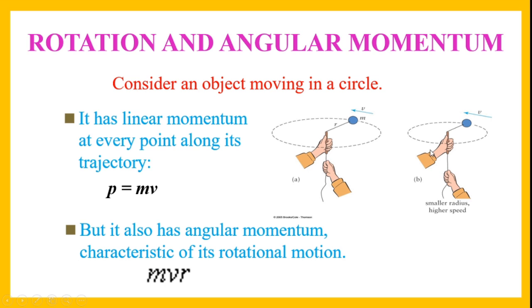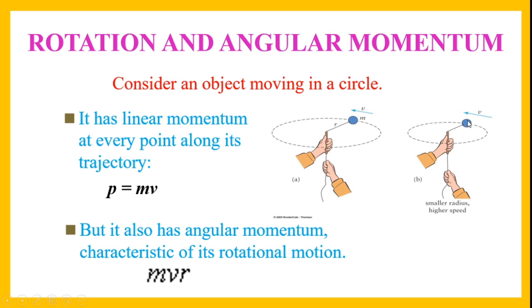Even though this is moving linearly, if you observe here, it is making a radius, moving in a circle, rotating around the point where the person is holding. That means this ball is also having rotational motion in addition to linear motion.